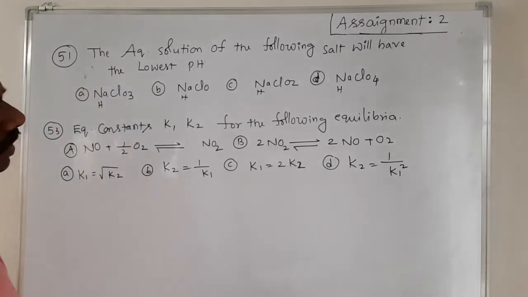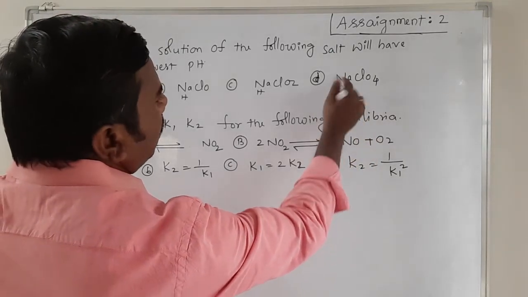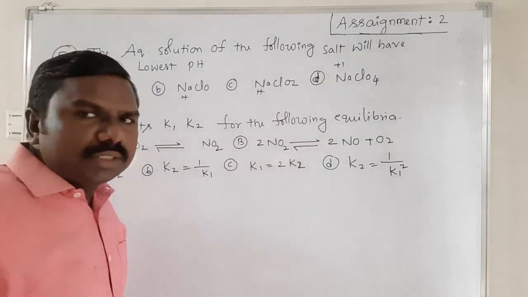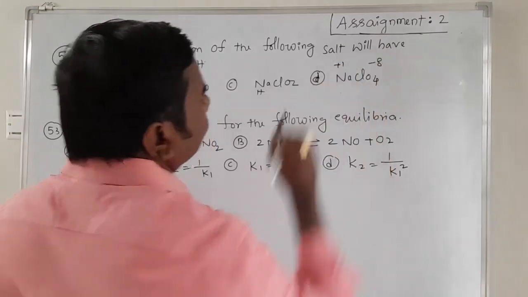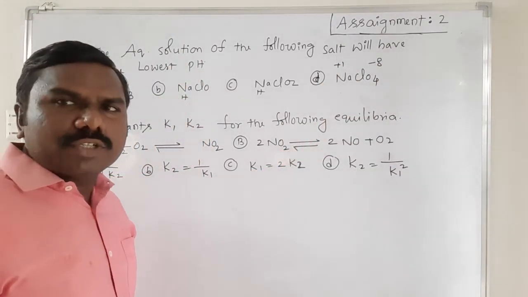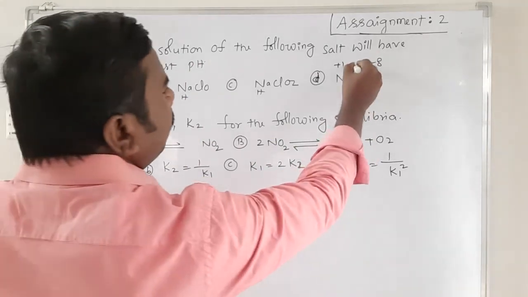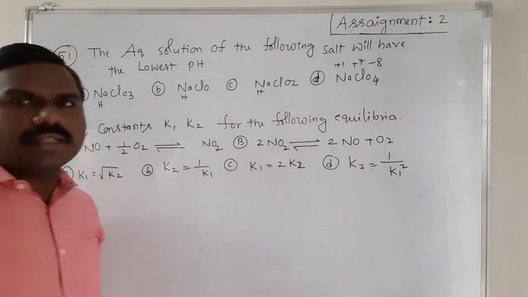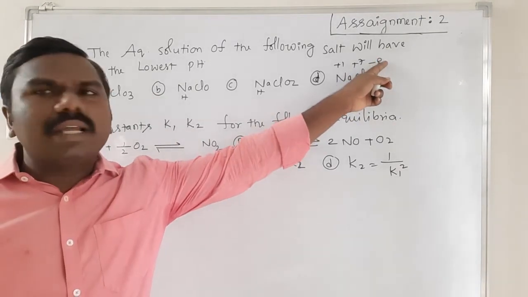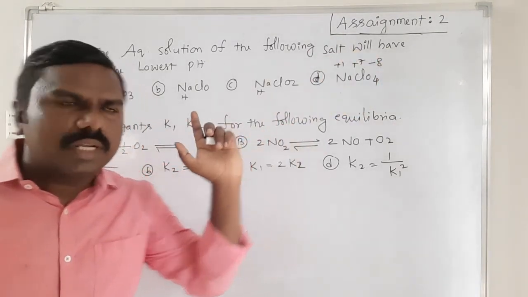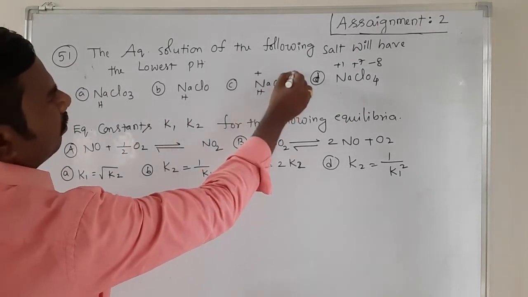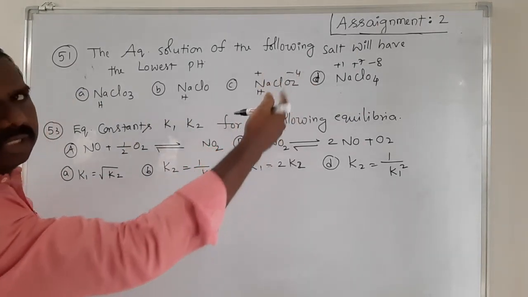So for sodium +1, for oxygens -2, 4 oxygens are there, -8. Get it? -8 plus +1 is -7, which should be equal to 0. Need +7. Understood the oxidation state of chlorine? +1, +7, -8, finally 0. So +7. And here it is +1, -4, 2 into -2 is -4.